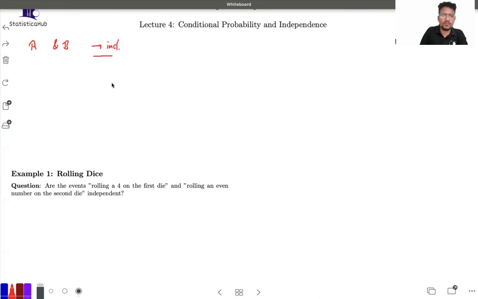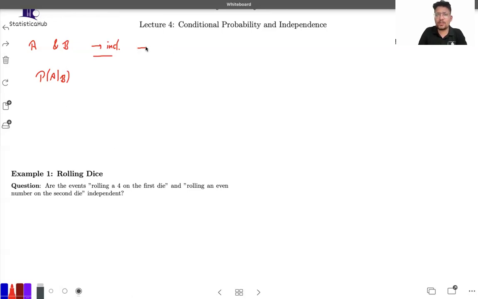If you consider probability of A given B, and the occurrence of one event does not affect the occurrence of the other event, in that case, we call these two events independent events.